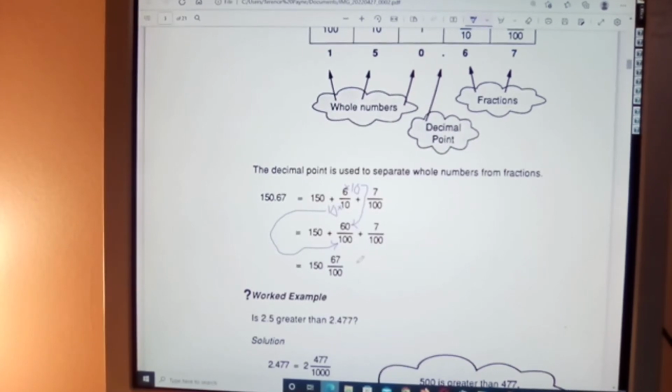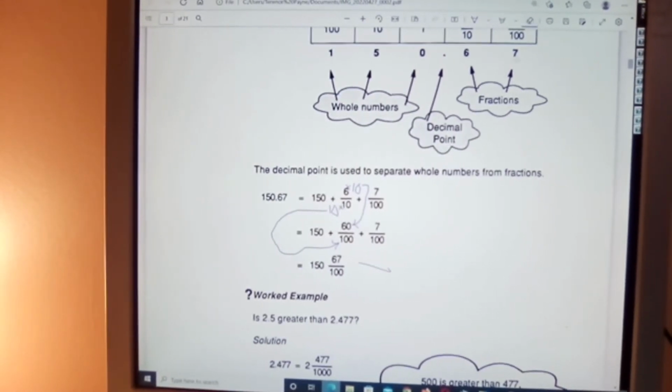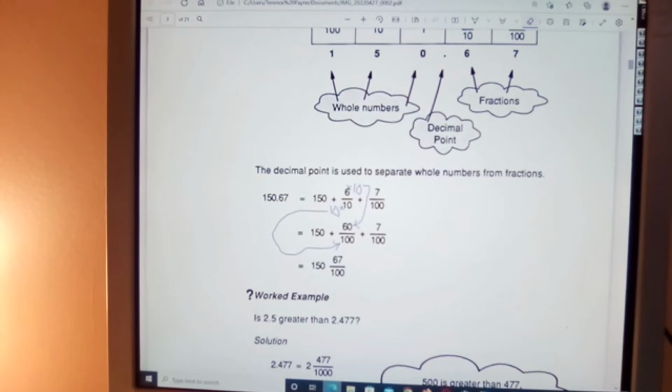That would then be equal to, sorry, let me get my rubber. That was atrocious markings there. Okay.